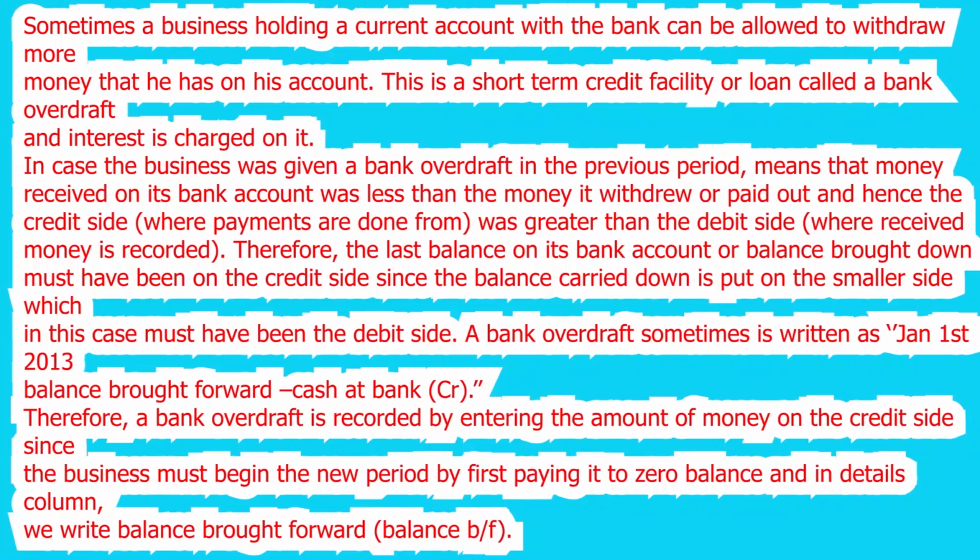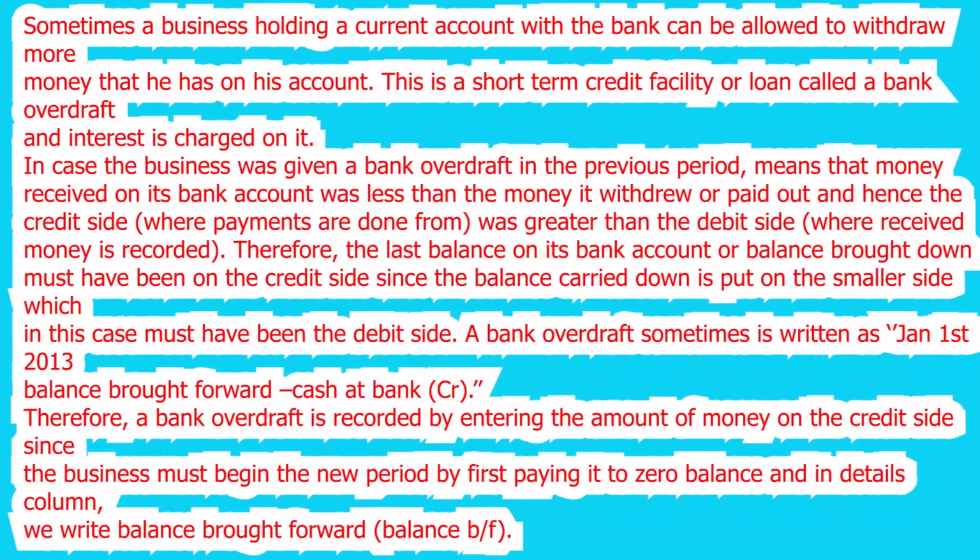Therefore, the last balance on its bank account, or balance carried down, must have been on the credit side, since the balance carried down is put on the smaller side, which in this case must be the debit side. A bank overdraft sometimes is written as 1st January 2013 balance brought forward, cash at bank, and that is going to be put under the credit side of the bank column.